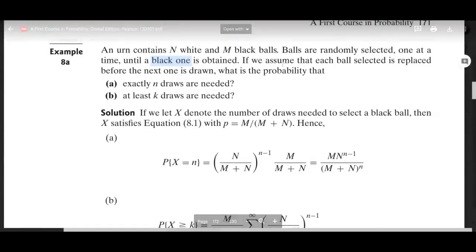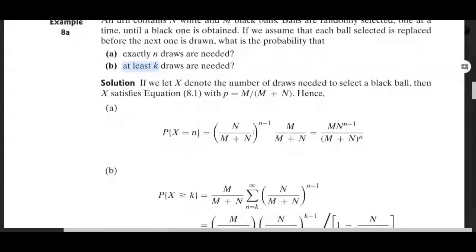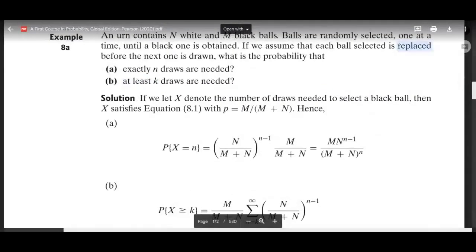If we assume that each ball selected is replaced before the next one is drawn, what is the probability A, that exactly n draws are needed, B, that at least k draws are needed? Okay. Remember, this is with replacement.